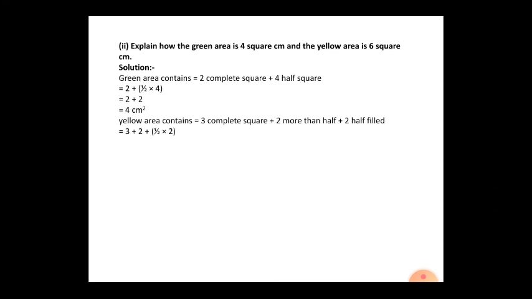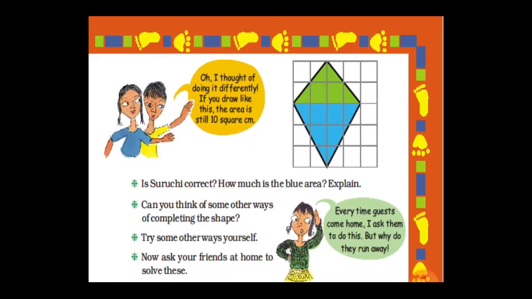Yellow area contains 3 complete squares plus 2 more half squares, and 2 half filled. So 3 plus 2 plus 1 by 2 into 2. So 3 plus 2 plus 1, that is 6 centimeter square.